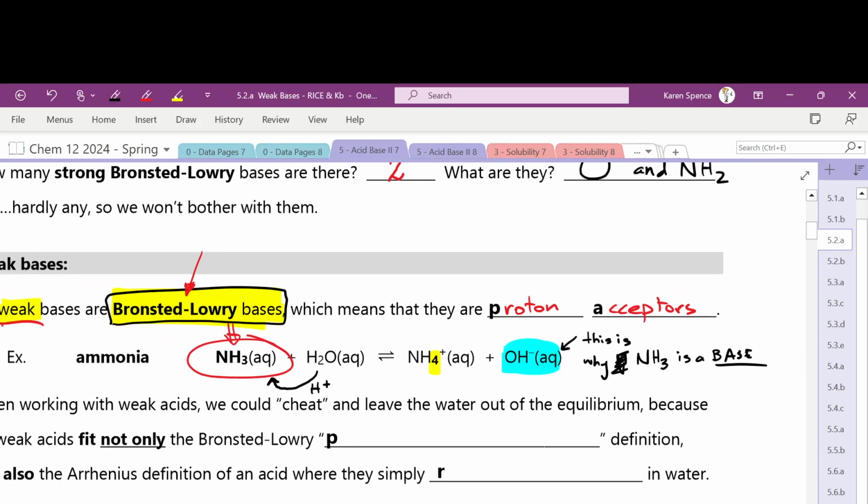Now, with weak acids, we could cheat and leave the water out of the equilibrium, right? We could just have it dissociate into H plus and A minus.